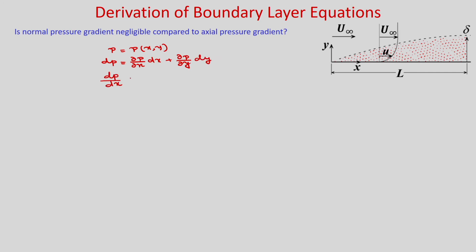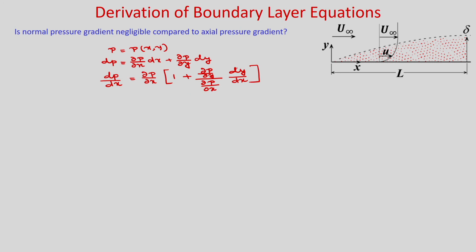So, we have divided by dx. So, you can write del p by del x, and if you take it common, then you will get 1 plus del p by del y divided by del p by del x, because del p by del x we have taken outside, and we have also divided by dx. So, times dy by dx.